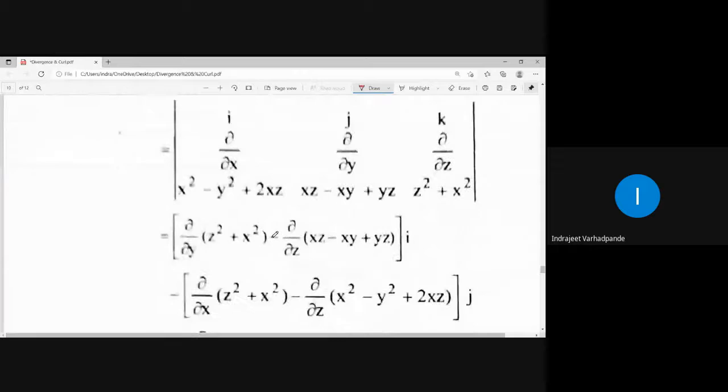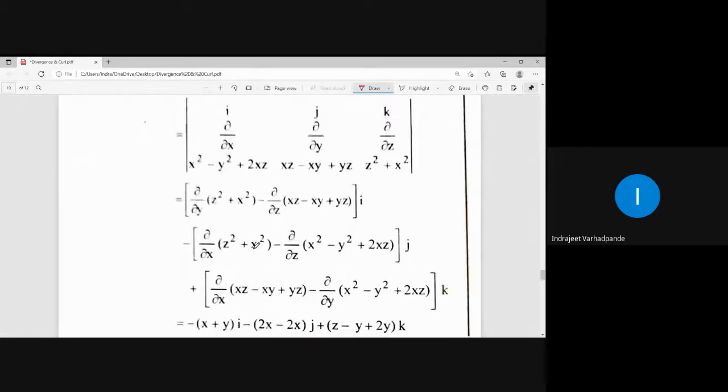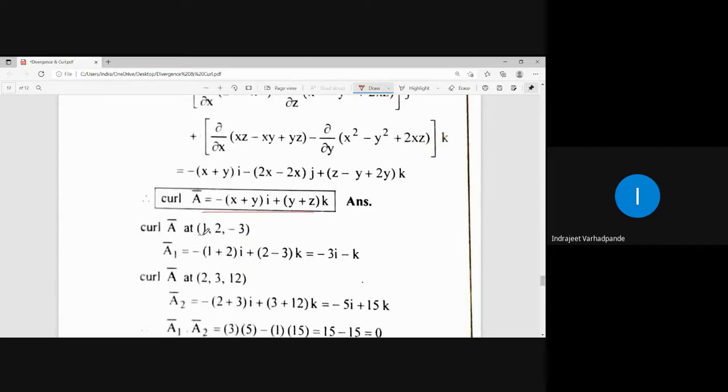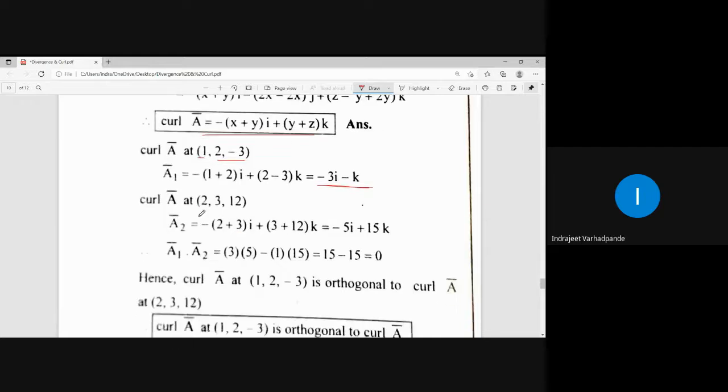Calculate curl A bar. Curl A bar निकाल लिया. Differentiation करके ये आंसर आ गया. Curl at point 1, 2, minus 3 is minus 3i minus k. Curl at point 2, 3, 12 is minus 5j plus 15k.